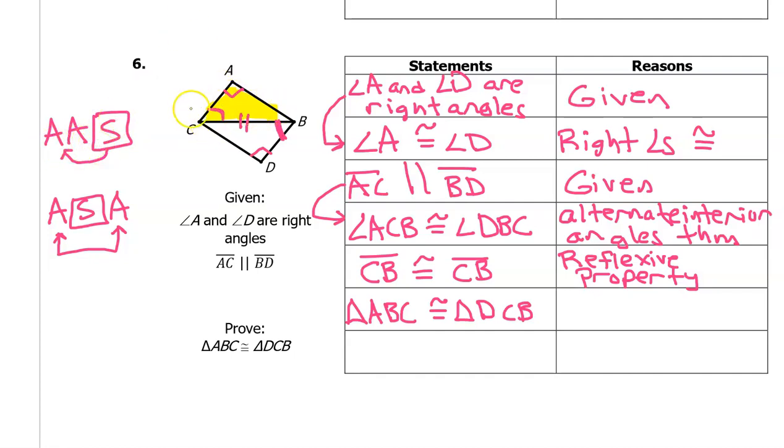Well, looking at the yellow triangle only, here are the two angles that are marked. This is the side that is between those two angles, but the marked side is something else. So the marked side is not between the two angles. That makes this angle, angle, side. So that's it for number 6.